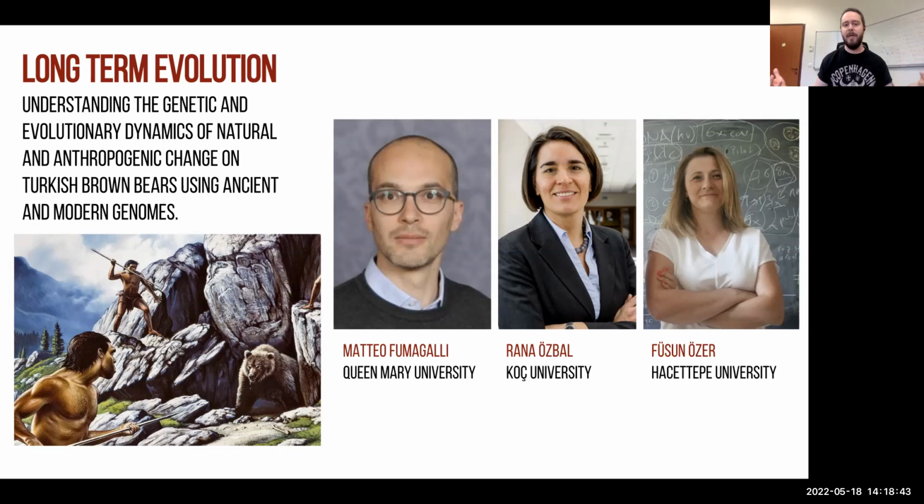Again, brown bears in general have been living together with humans for a very long time. This interaction is not new. Bears have been living in the same habitat as humans for a very long time. So we're guessing that this adaptation and response to human landscapes has been emerging for a very long time.